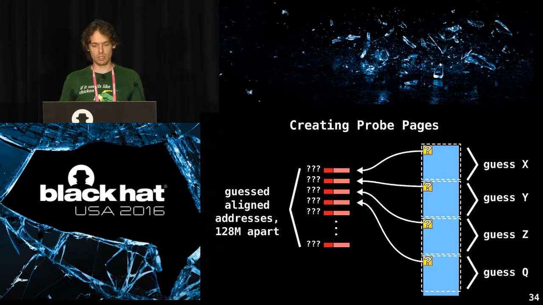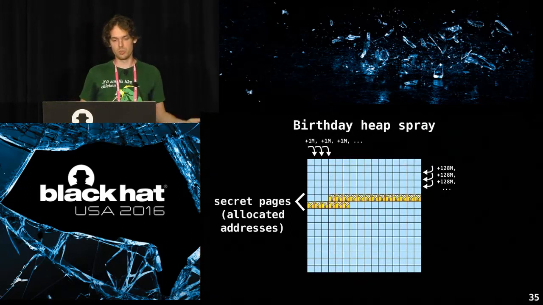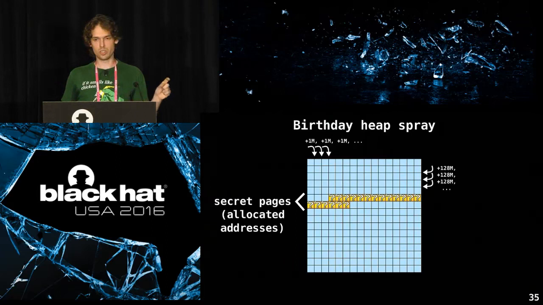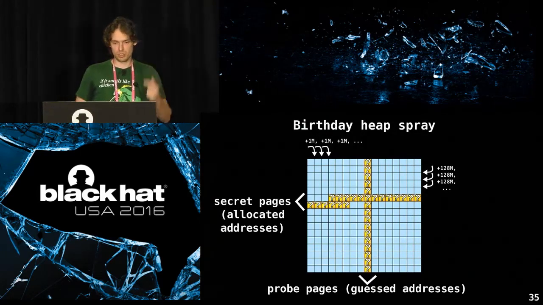We kind of have now created a divide and conquer strategy. On one end we have allocations which are close together, with real addresses, and then guesses which span the entire address space.